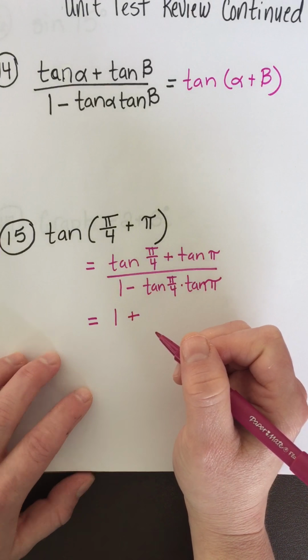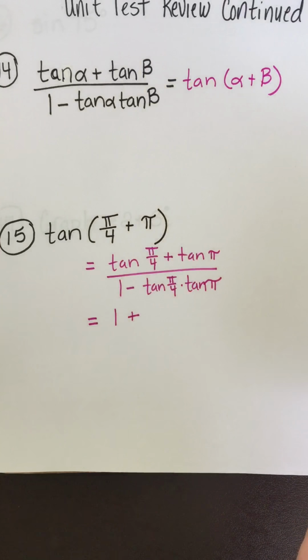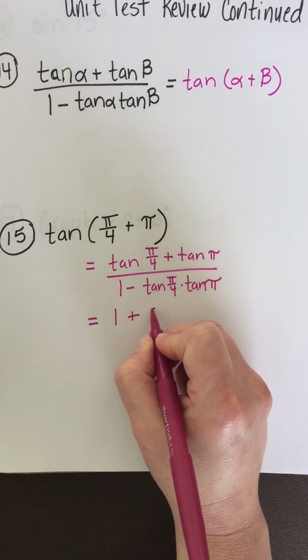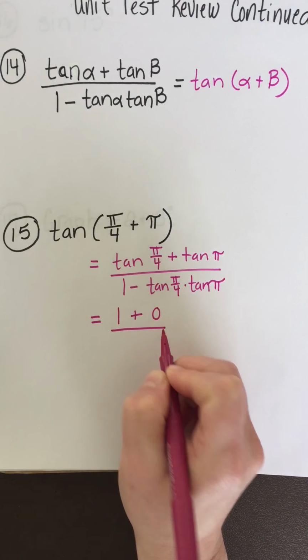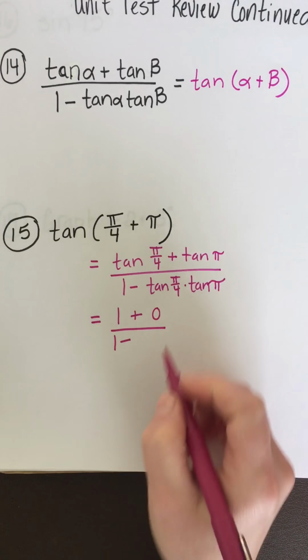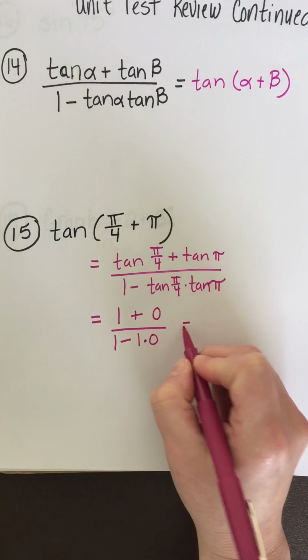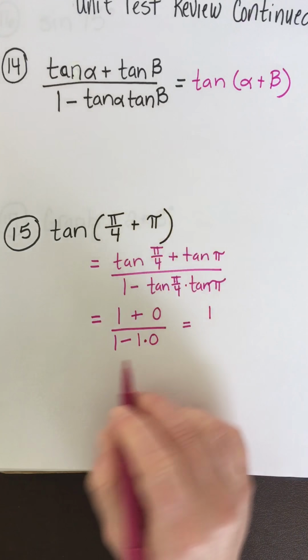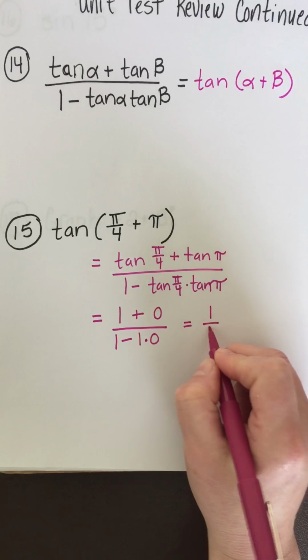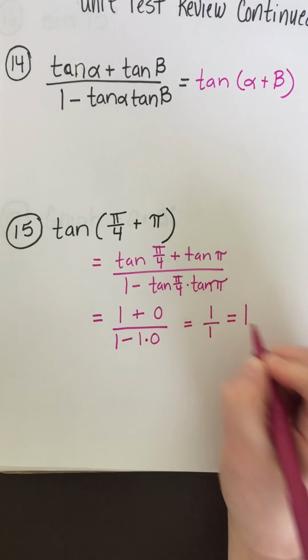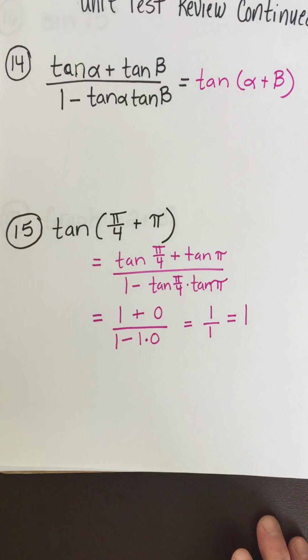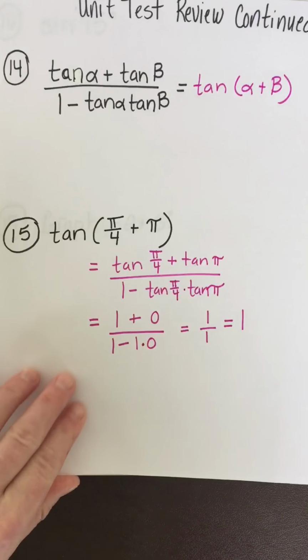Plus the tangent of pi, well, that would be 0 over 1, which would be 0, divided by 1 minus, and you just plug those same numbers in, 1 times 0. Well, 1 plus 0 is 1, and 1 minus 0 is 1, and 1 over 1 is 1. And that's it for number 15.